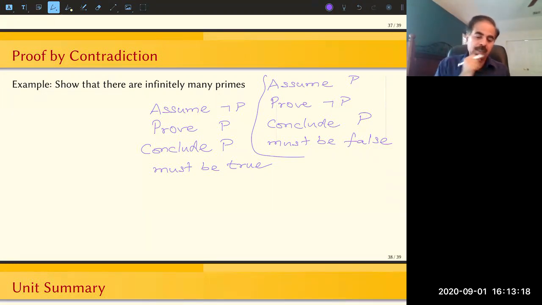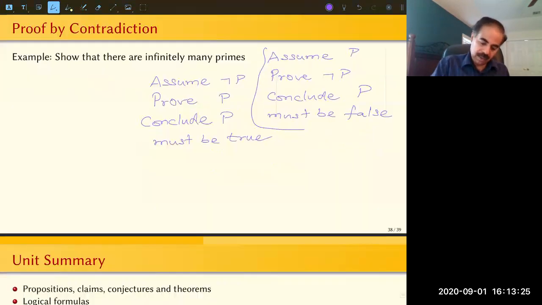So what we are going to do here is something like this.